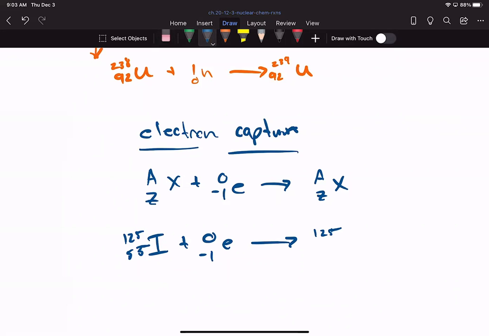Then this will be 52, right? 53 minus 1, we get 52. And 52 is tellurium, Te. So this is what we consider electron capture, and again, we have a general formula that we use for it.